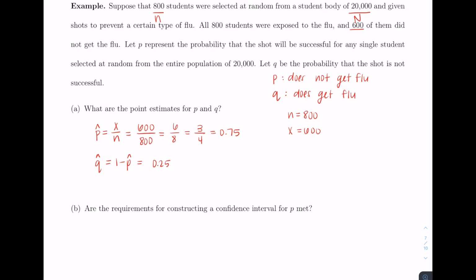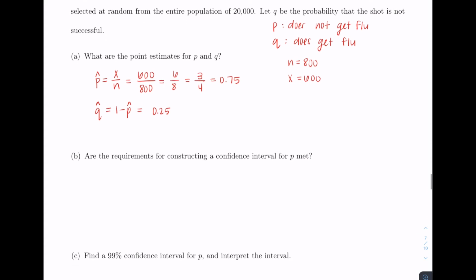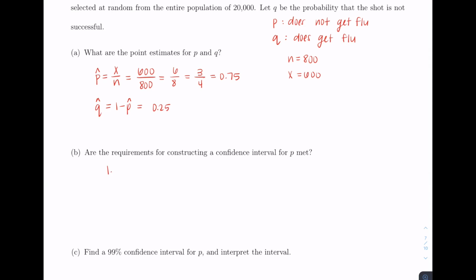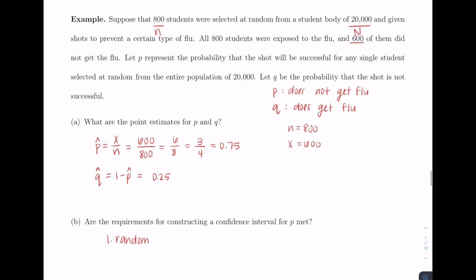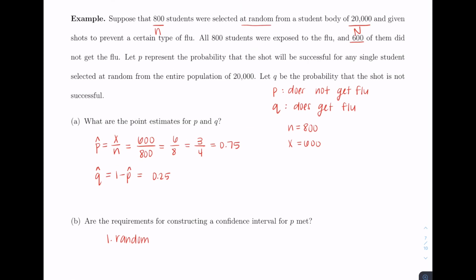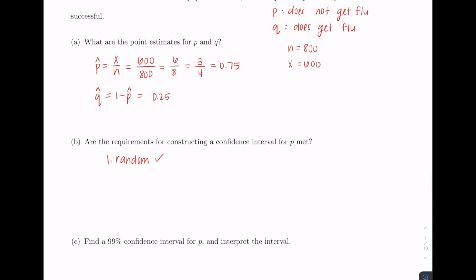Now that we have P hat and Q hat, we can use them to check and make sure that the requirements are satisfied. If we move on to part B, the first requirement is checking that the sample is random. If I scroll back up, it says, suppose that these students were selected at random, so I know that this one is satisfied. The second requirement is to make sure that the P hat distribution is normal.